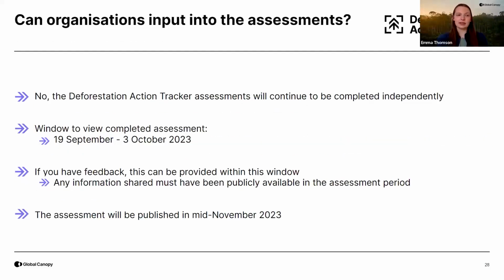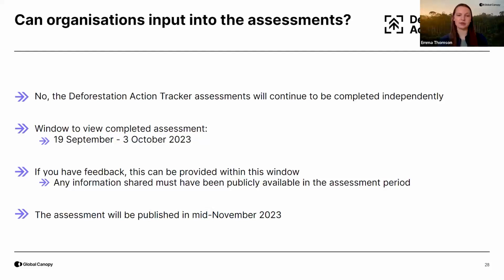The next question is, can organizations input into the assessments? And in short, no, in that the Deforestation Action Tracker assessments will continue to be completed independently as they were with the baseline review last year. But as I mentioned earlier, we have this year provided a window in which all financial institutions can view their completed assessment, which again is from the 19th of September to the 3rd of October.